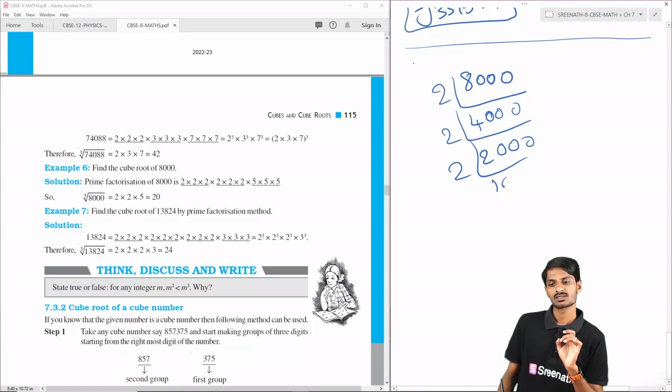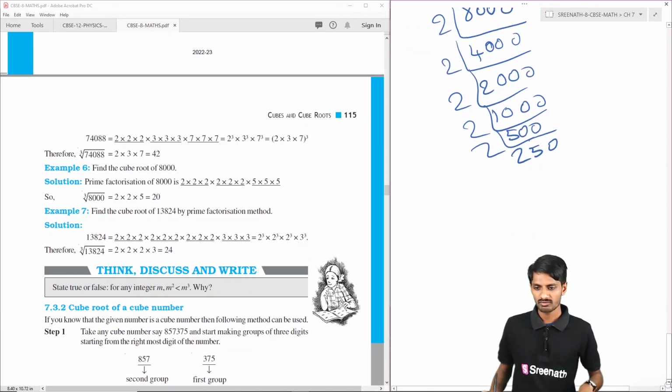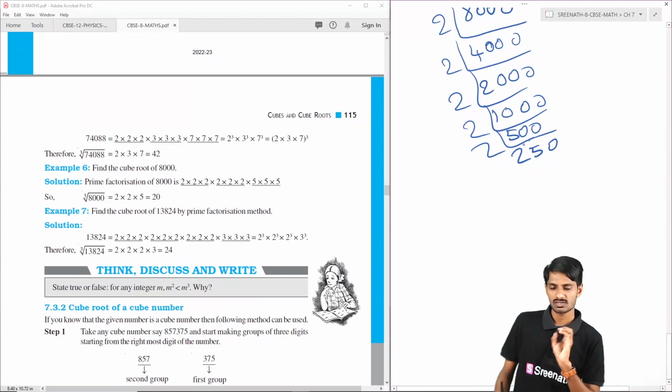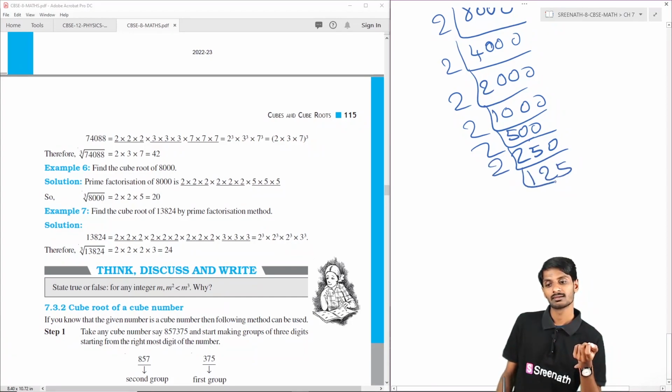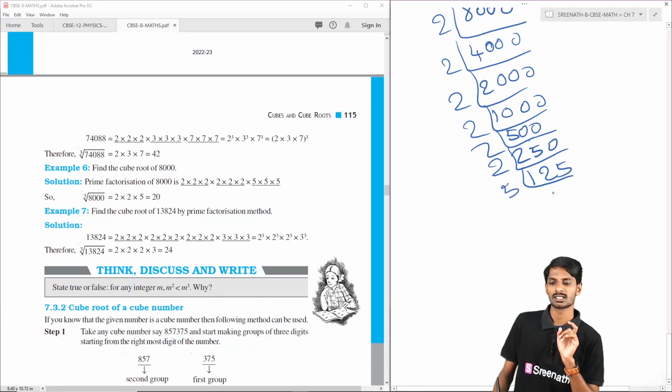And again the 2 table. We know these are most common, that's why I'm going fast. 25 twos are 50, 500 twos are 1000, 1000 twos are 2000, and again we get the 2 table, that is 125. But here we can't use the 2 table, we use the 5 table, that is 25 fives. And again 25 can be solved by 5 fives.